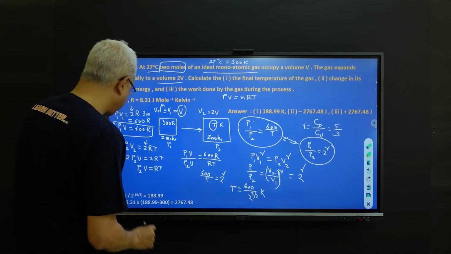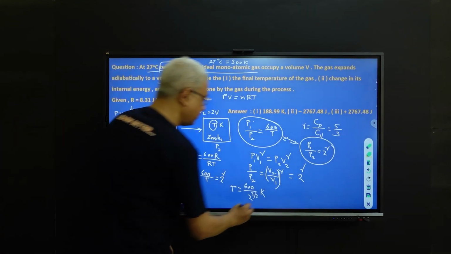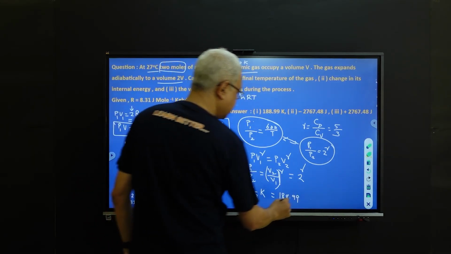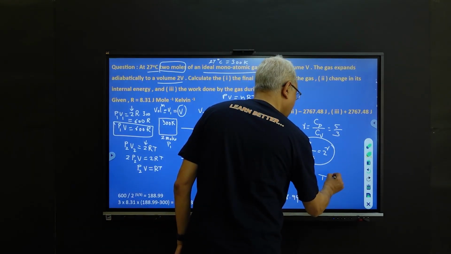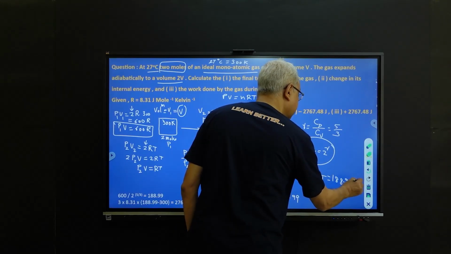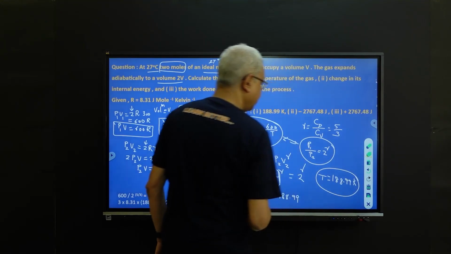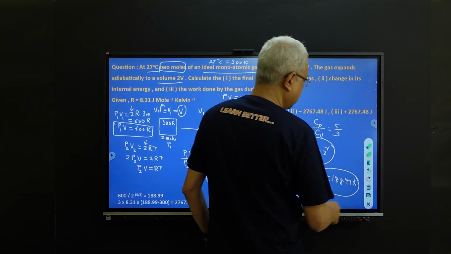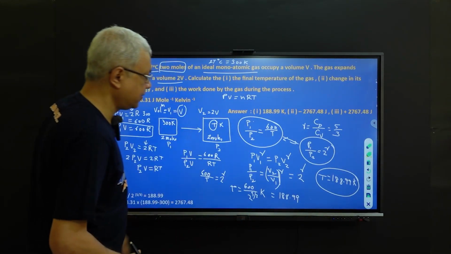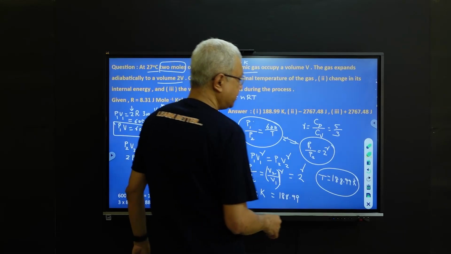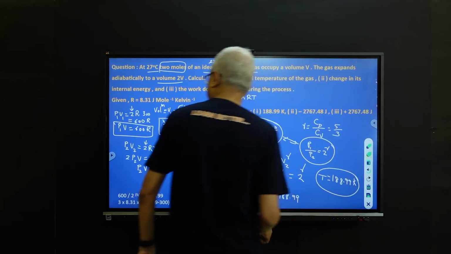So 600 by 2 to the power 5 by 3 comes around 188.99. So T is 188.99 Kelvin. Alright, so this part is over. So what is the final temperature of the gas? That is T equal to 188.99 Kelvin.